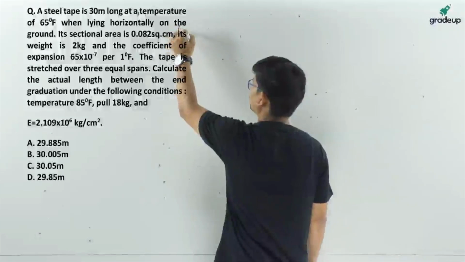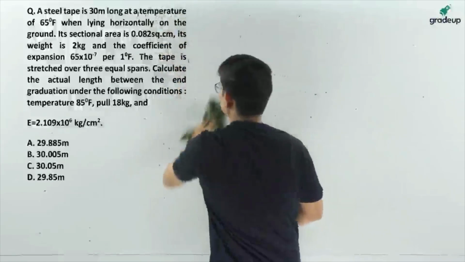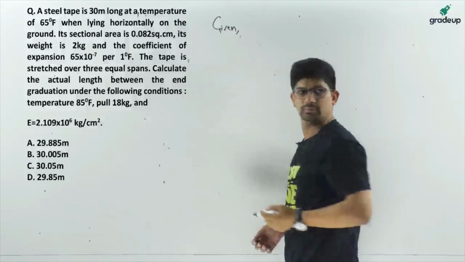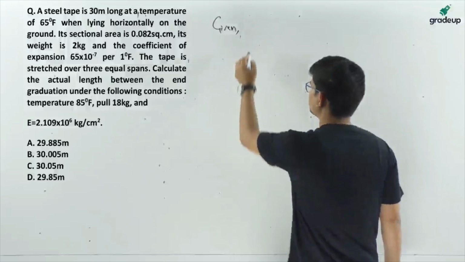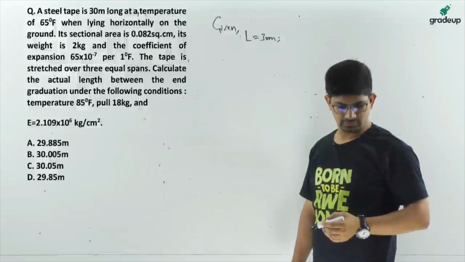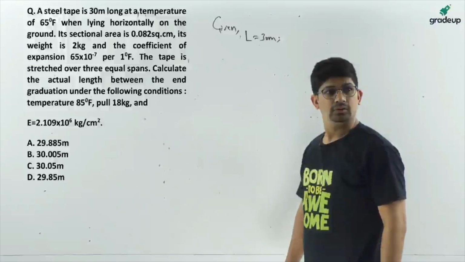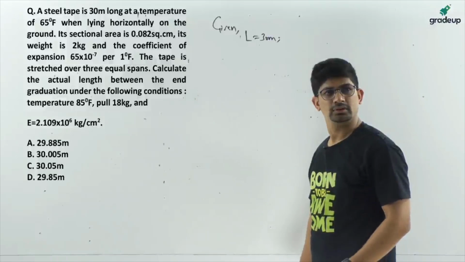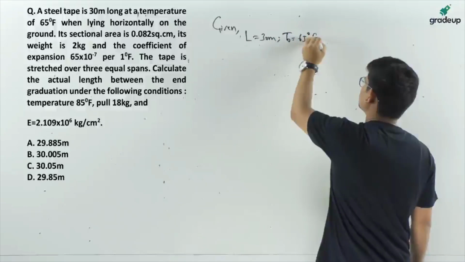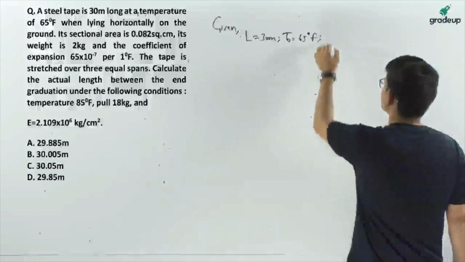So if I want to write the given information, there is length L, 30 meters, at a temperature of 65 degrees Fahrenheit. So this is T naught, that is 65 degrees Fahrenheit. The cross sectional area is 0.082 square centimeter.